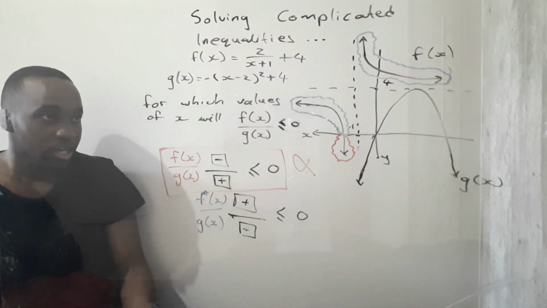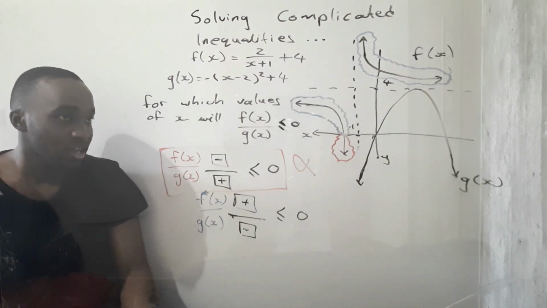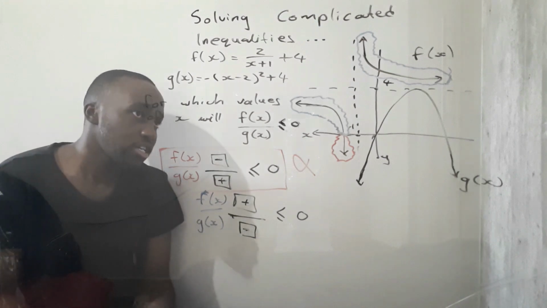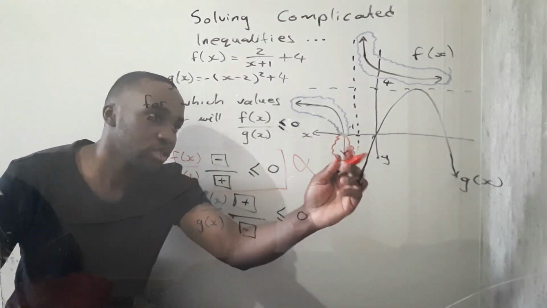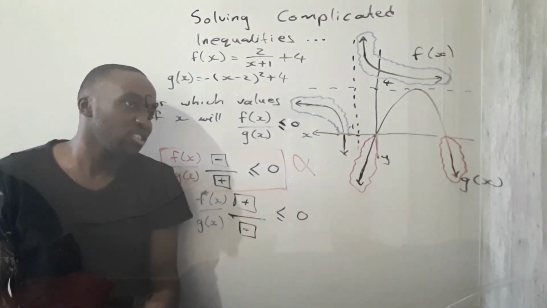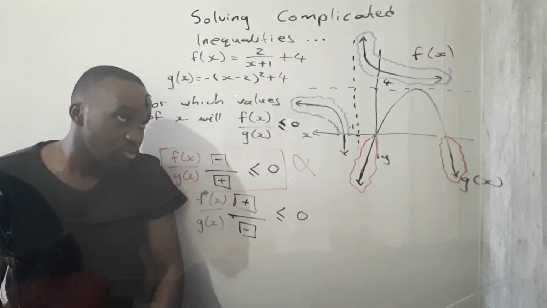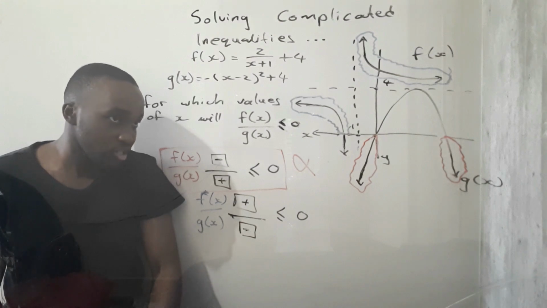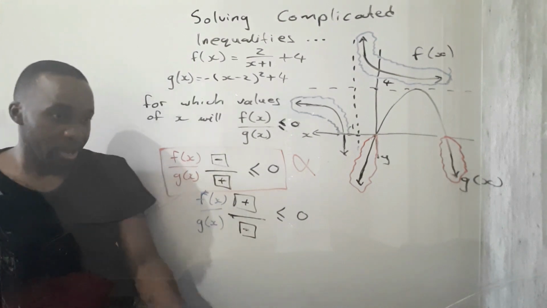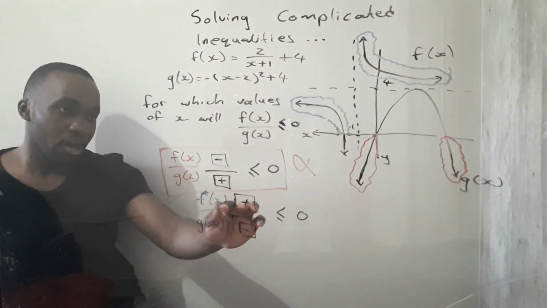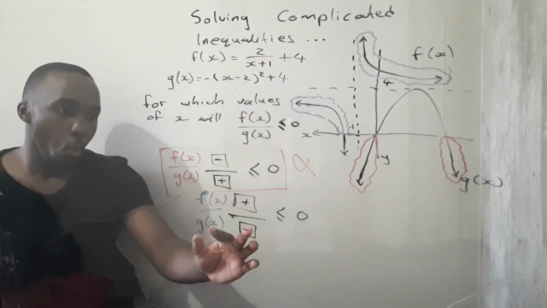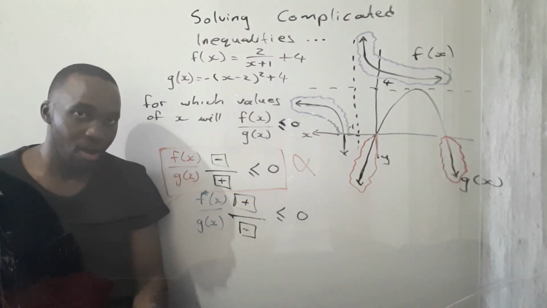So cases where we have negative y values for g, well, technically, that's where you're having negative y values for g. So literally with our question, we just have to compare where we have positive y values for f while having negative y values for g.